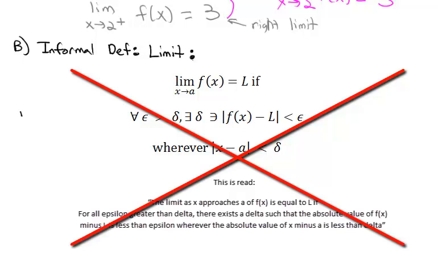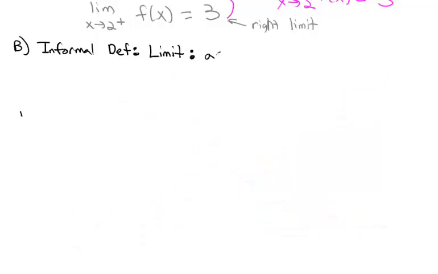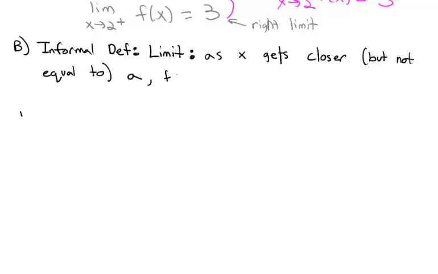In this business calc class, all you need to know is as the x gets closer but not equal to some number a, then f of x gets closer to the limit L. How we'll write it out is we will say the limit as x approaches a of f of x.